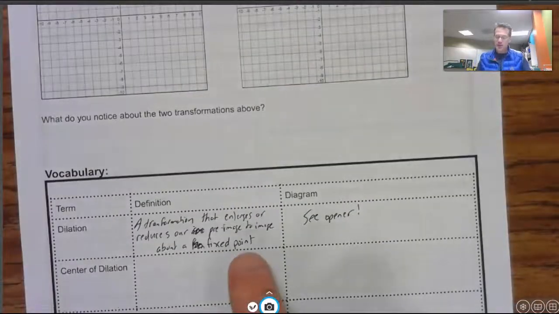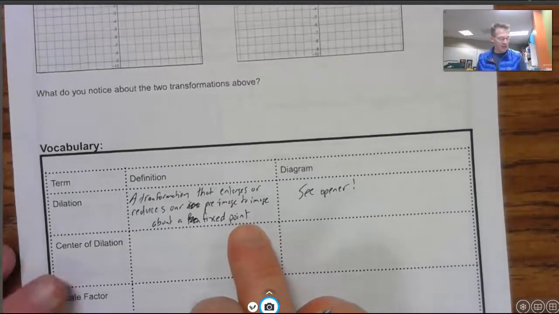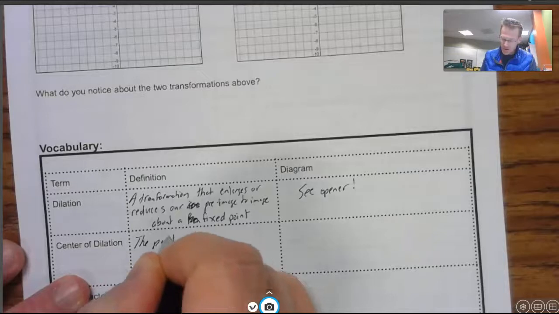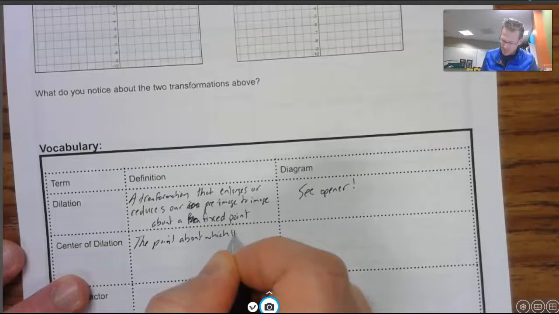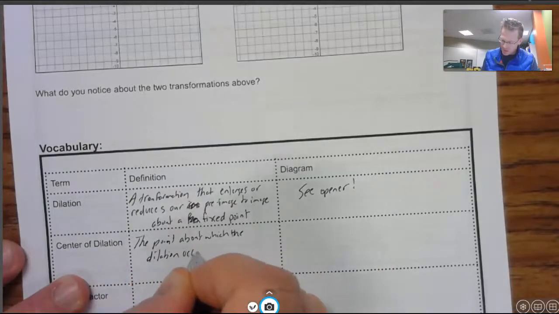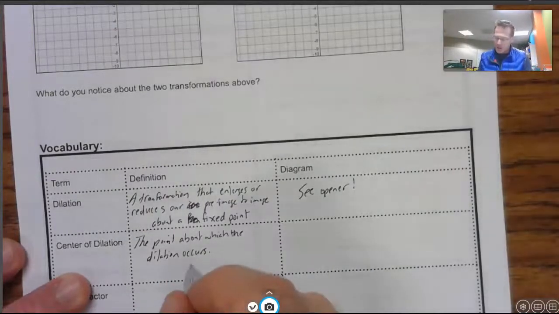Now, when I say about a fixed point, that's really what our center of dilation is. This is the point about which the dilation occurs. For us, it's always going to be the origin.